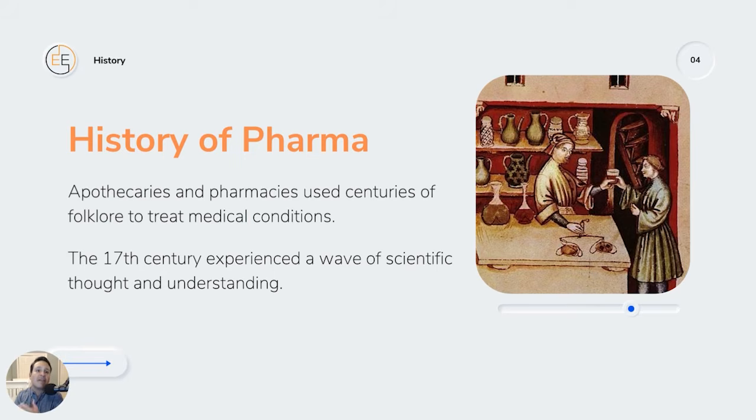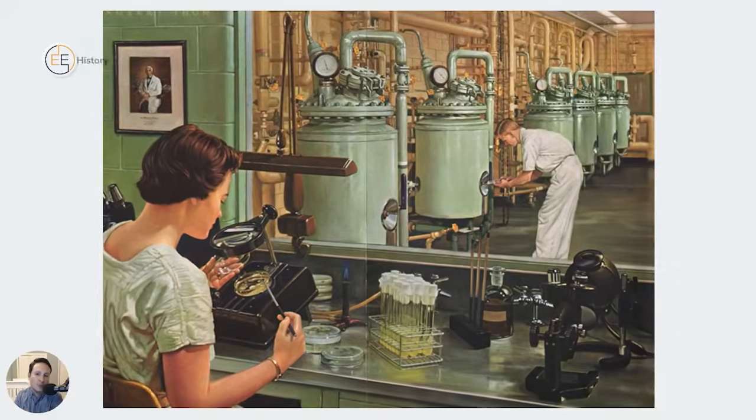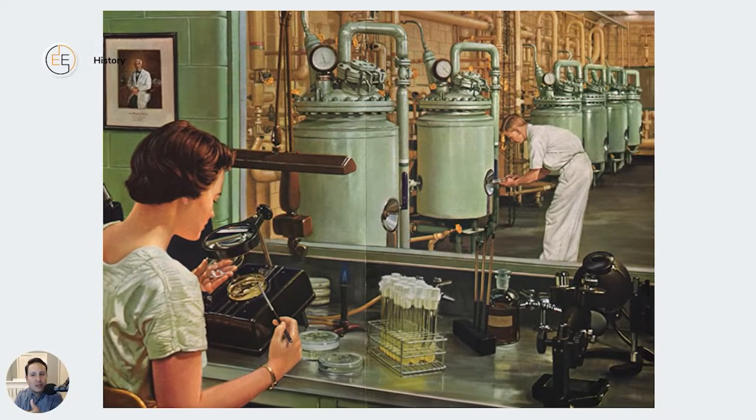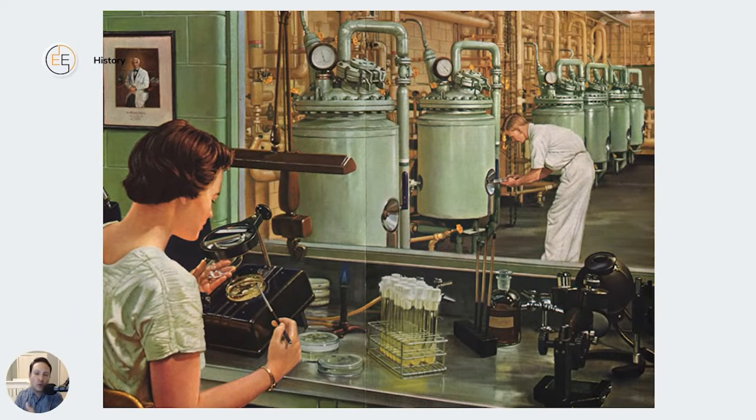However, in the 17th century, a wave of scientific thought and understanding absolutely swept the world. And it wasn't until after the Industrial Revolution in the 18th century that we fully began to modernize the pharmaceutical world. And in the 19th century, mass production of goods combined with new scientific thought really propelled the drug industry to what it is today.